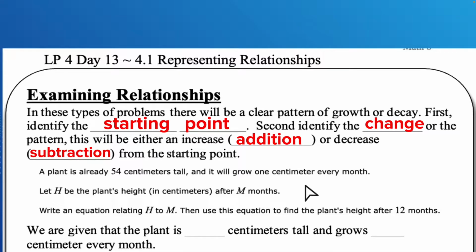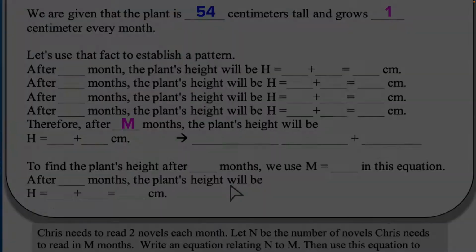So we're given that the plant is 54 centimeters tall and it grows 1 centimeter every month. So we have the information we need. I have my starting point. I know where it is right now, and I know what it's going to change by per month in this case. So now I'm going to scooch down so we can see the rest of this page here.